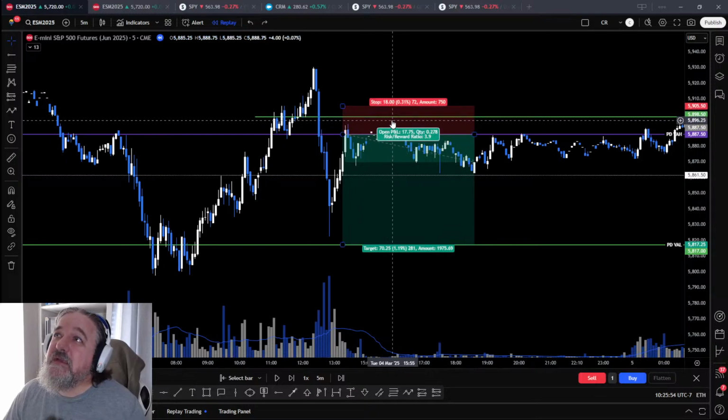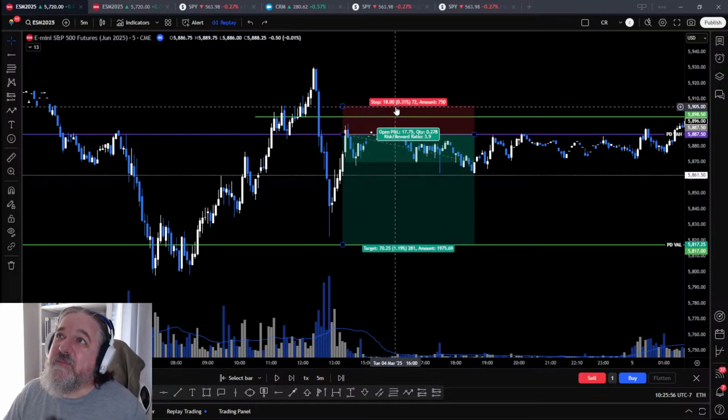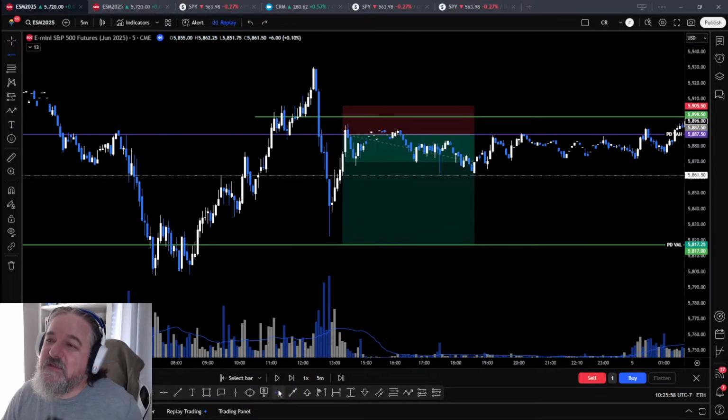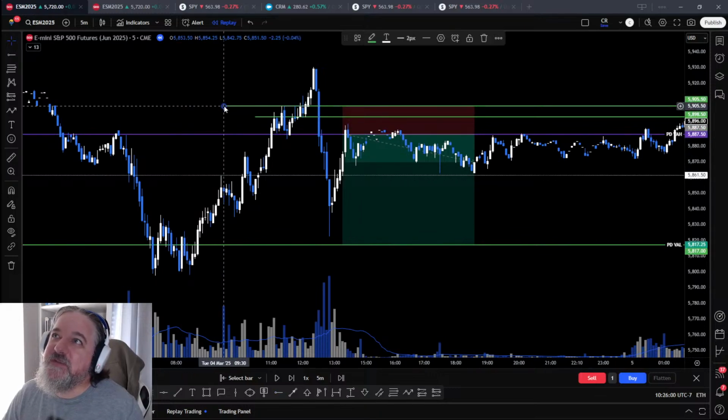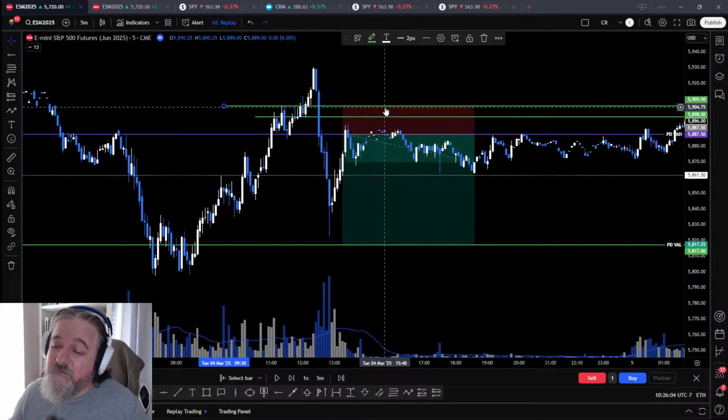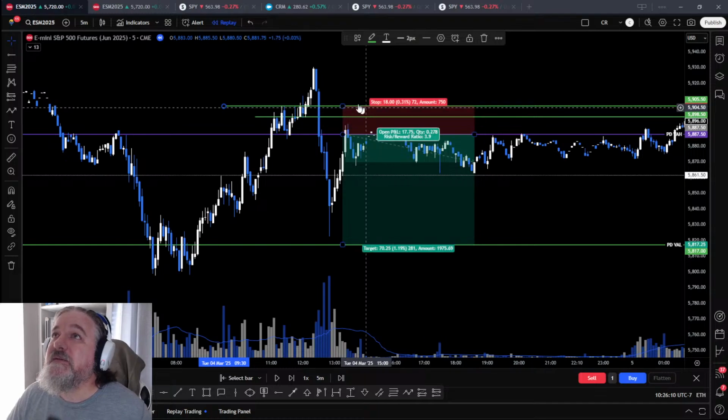So I would want my stop loss to be slightly above that, which in this case, we do have more information, which is this poor high. If we put our stop loss there, we're solid, because if they break through that, they're completely invalidating our trade. They're probably going to go higher and make a new higher high, right?